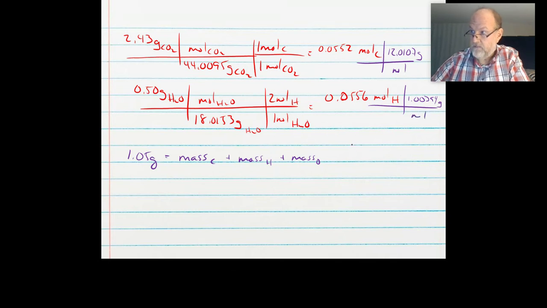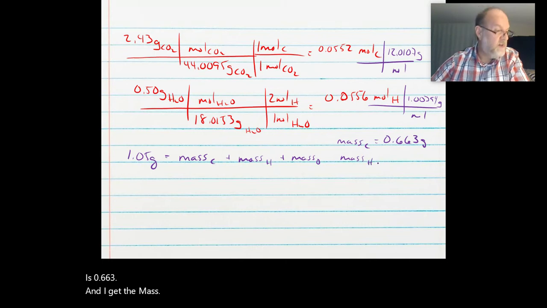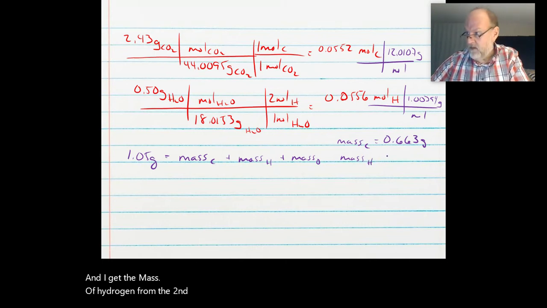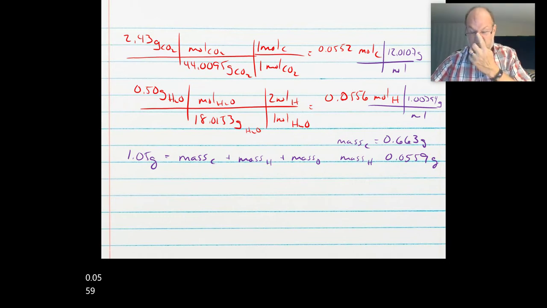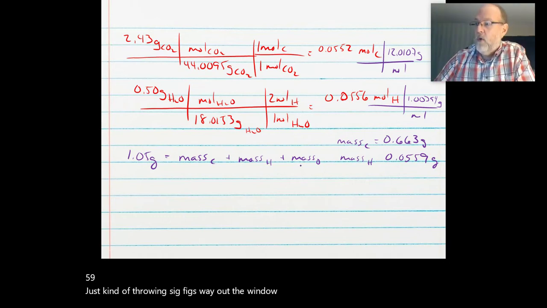I'm going to multiply each of these by their molar mass. And I get that the mass of carbon from the top equation is 0.663. And I get the mass of hydrogen from the second equation to be 0.0559. I'm just kind of throwing sig figs way out the window here. So I need to find the mass of oxygen.